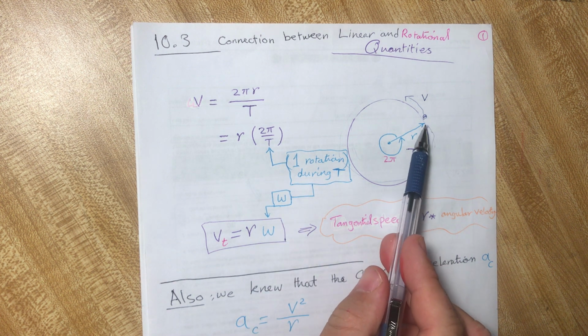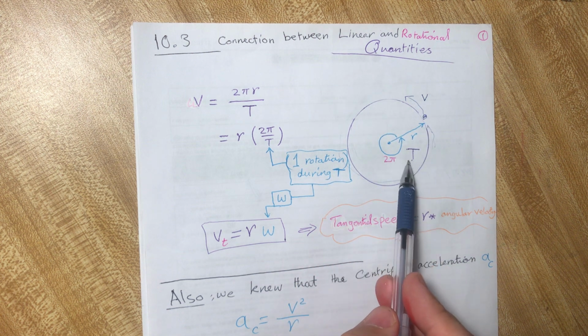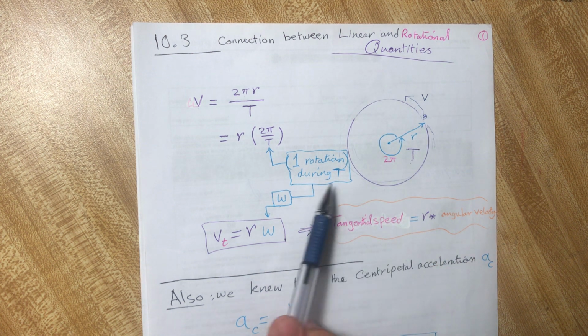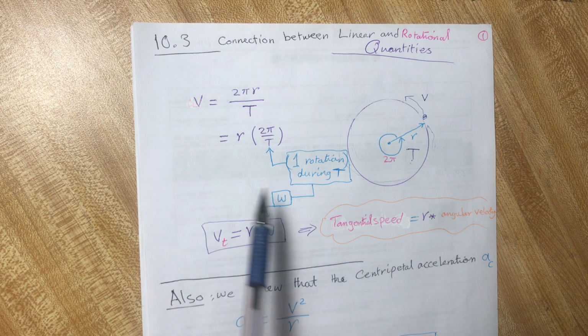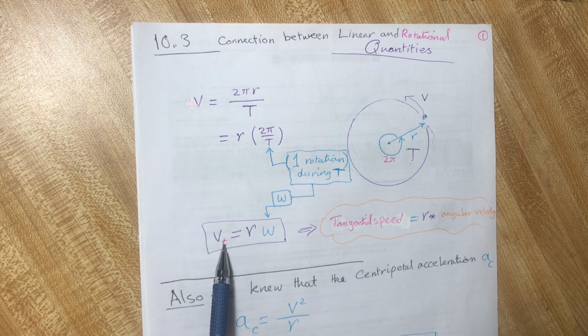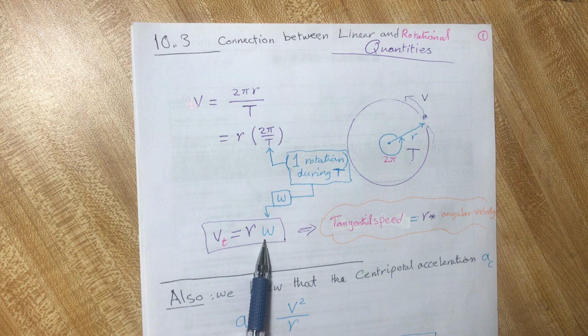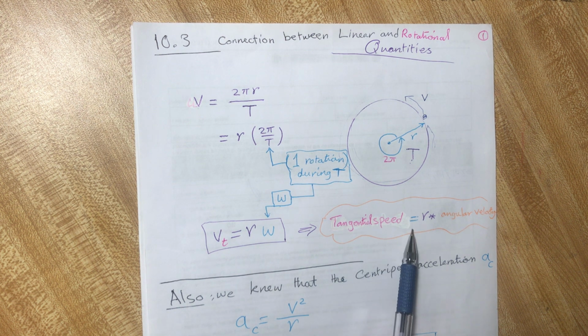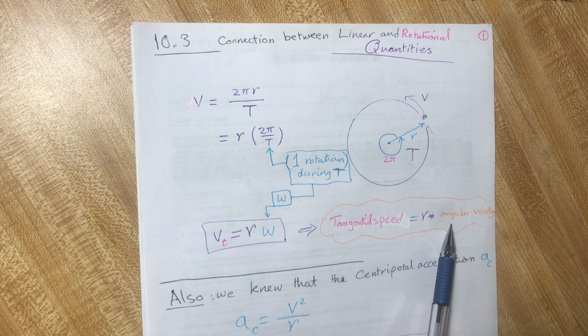The angular velocity is the total revolution over one period of time, which is capital T. So the speed will be named v tangential. Tangential speed is equal to the radius multiplied by the angular velocity. Okay, the tangential speed is equal to the radius multiplied by the angular velocity.